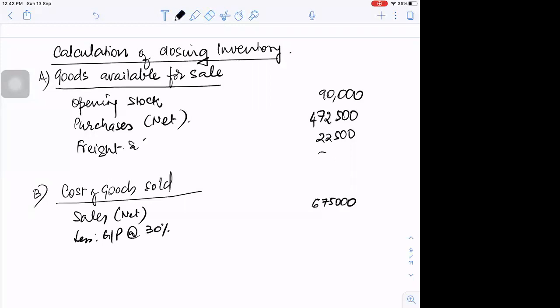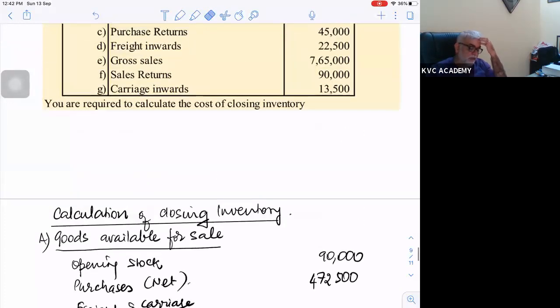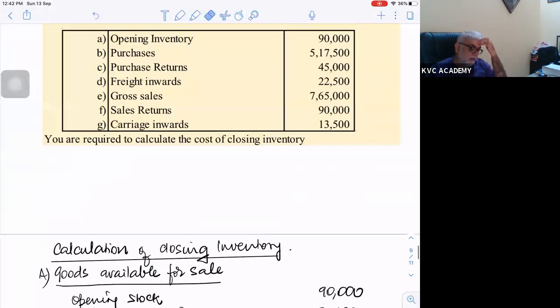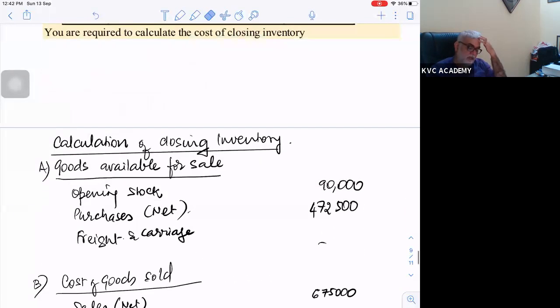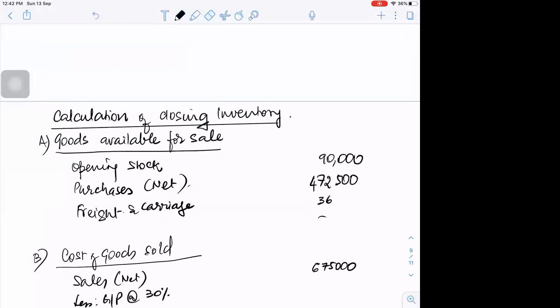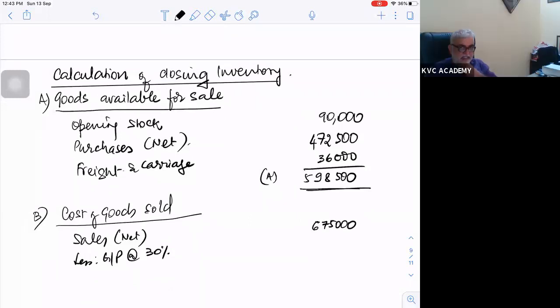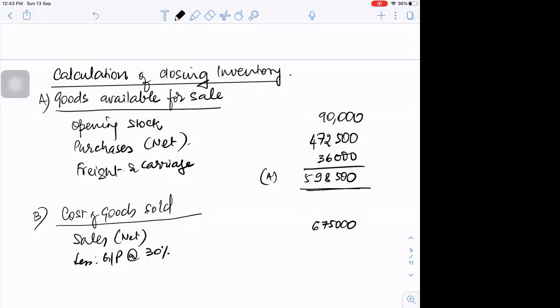So don't we consider carriage inwards? I just missed that. So I'm adding it now. We should. Plus 13,500. 22,500 plus 13,500 is 36,000. How much is 30% of 6,75,000? 2,02,500.